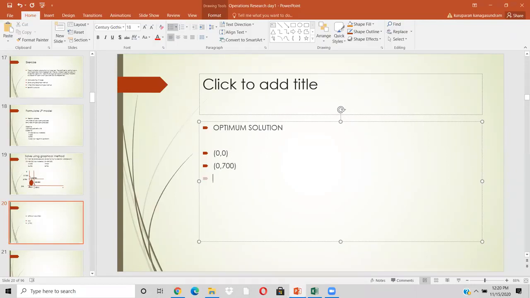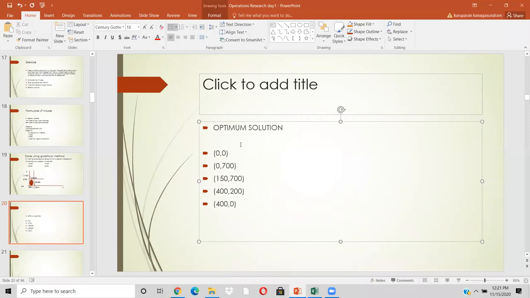Another one is 150, 700. Another one is 400, 200. And the last one is 400 comma 0.